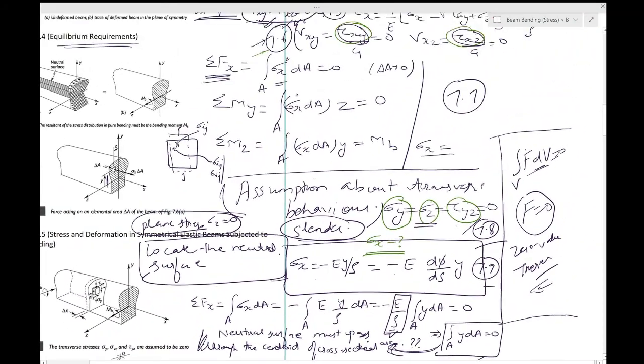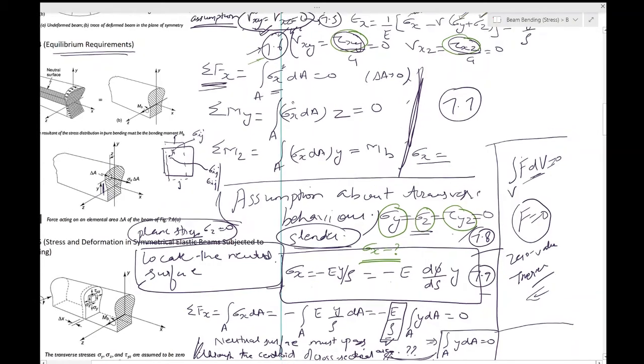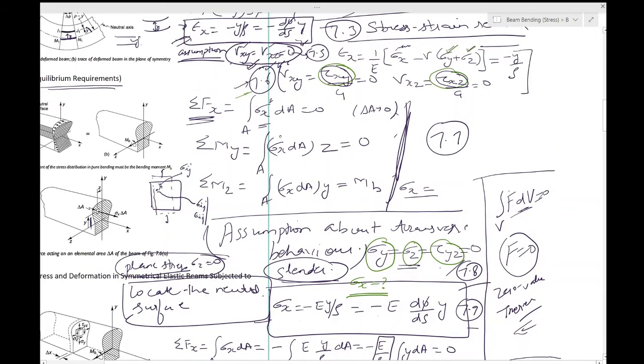This equilibrium condition does not care about what your kind of material is. It can be linear, non-linear, elastic, plastic, it does not matter. These equations will always be valid. It is when you use Hooke's law that you constrain it to a linear isotropic material. That is the comment they are making over here.